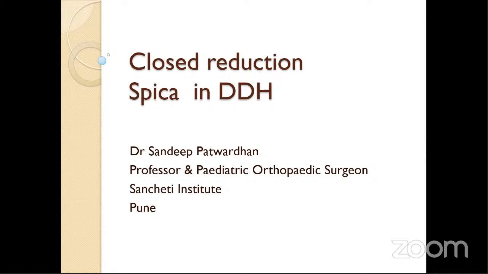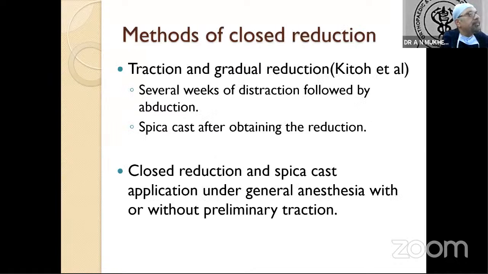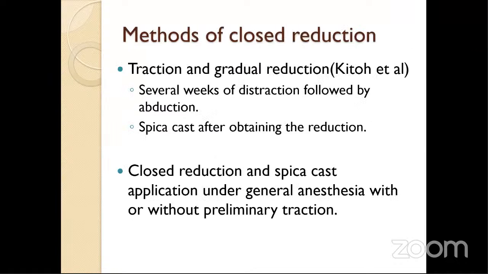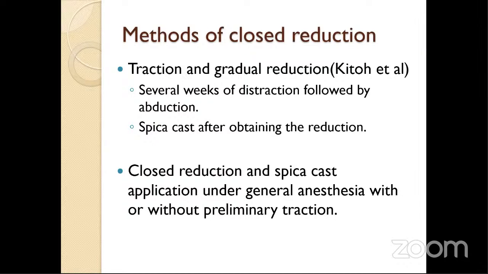Thanks Dr. Rajgopalan for the opportunity. As you all know, the goal of treating a DDH is to obtain and maintain a hip reduction and try to not cause avascular necrosis. That is the prime requirement. So, methods of closed reduction. The traction and gradual reduction method, which the Japanese follow, is published by Kito et al.